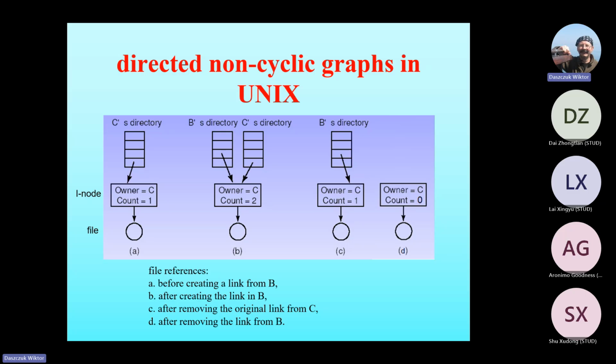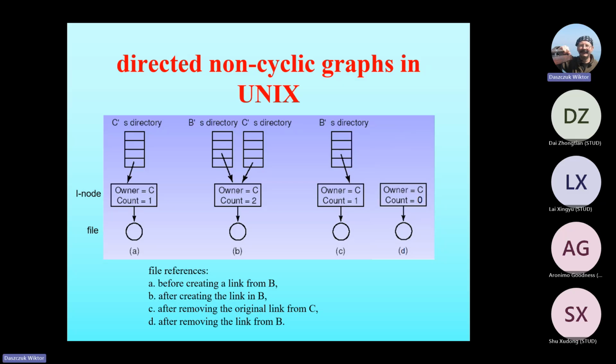We are the user C. We have a directory pointing to a file. It has some name, not important. And it has in inode the owner, which is us, C.